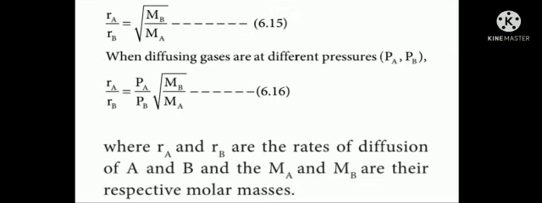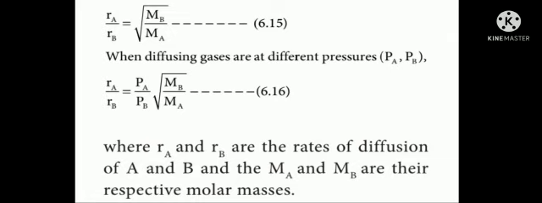Consider two non-reactive gases, namely gas A and gas B. For gas A, Graham's law of diffusion is given by: rate of diffusion of gas A, that is Ra, is inversely proportional to the square root of molar mass of gas A, which is Ma. It is mathematically expressed as Ra is proportional to 1 divided by square root of Ma.